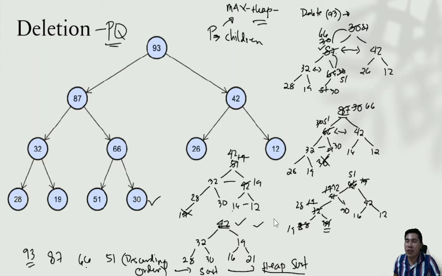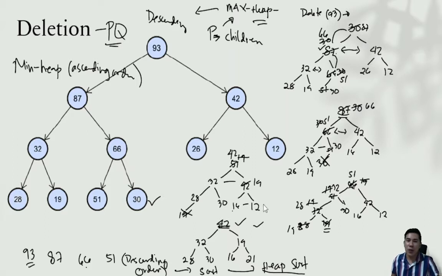In your data structures and algorithms, you can add heap sort to your sorting techniques. So that is for max heap, descending. And for min heap, since all parent nodes must be less than their children, you are able to arrive at ascending order.